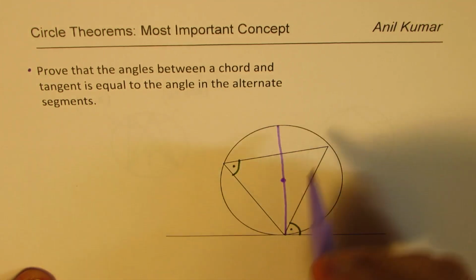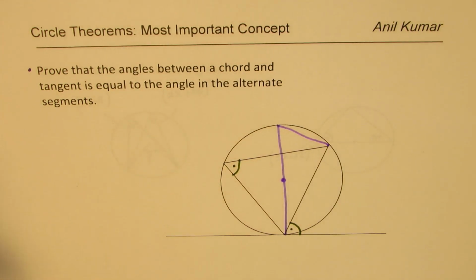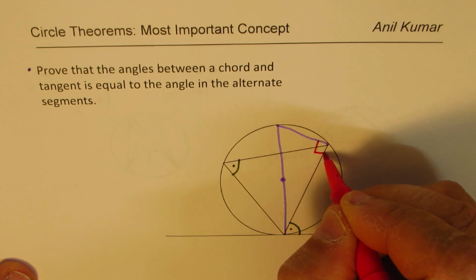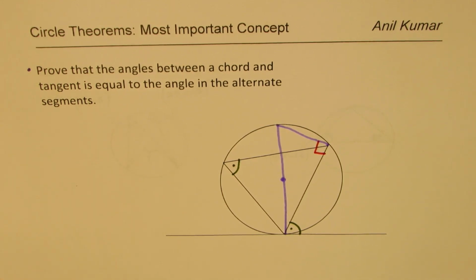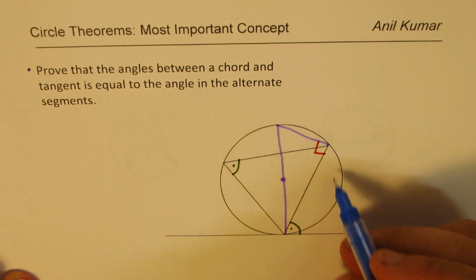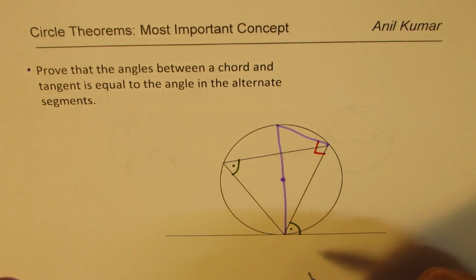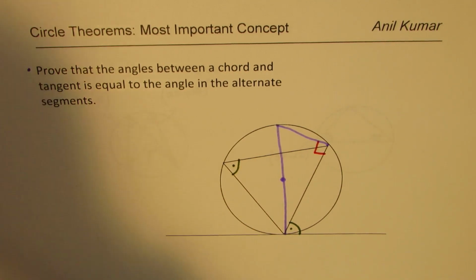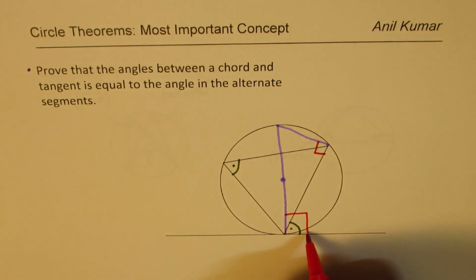Now, if this is the diagonal, and if I join that point here, I know what angle I get on the circumference with this new triangle formed. It is 90 degrees. Perfect? Yes. So we just proved that in a semicircle, the angle formed at the circumference is 90 degrees. Correct? So that is how we get this. Second, we also know that the angle between the radius and the tangent is 90 degrees, right?